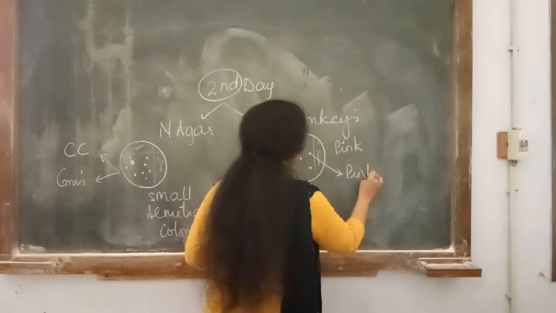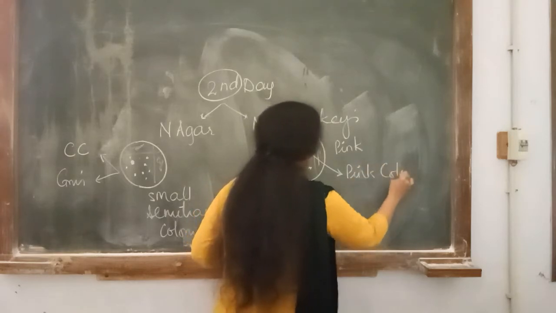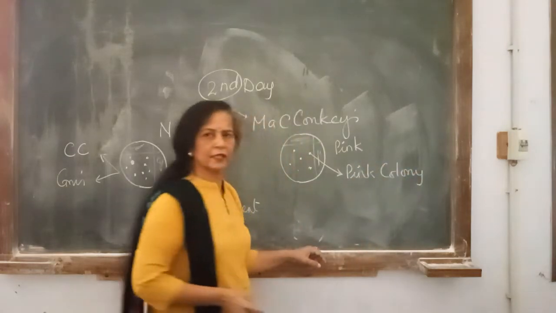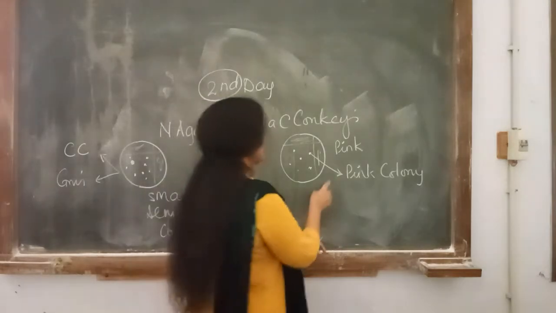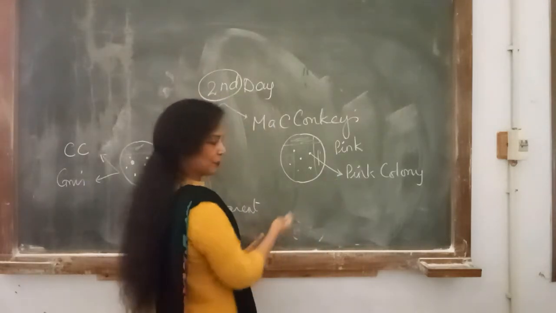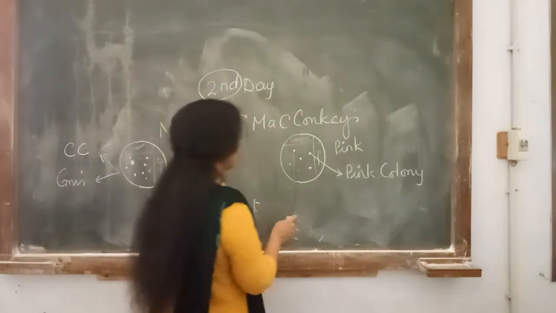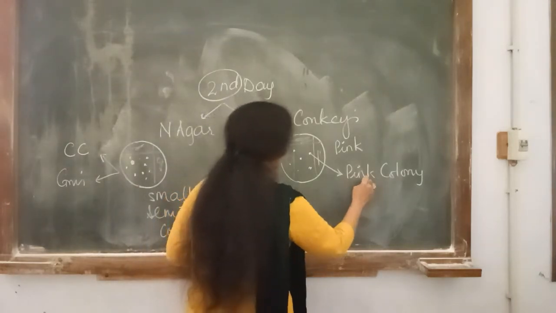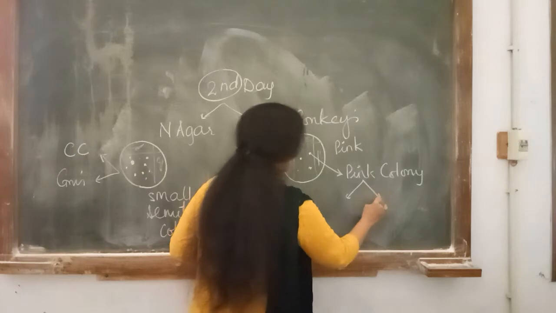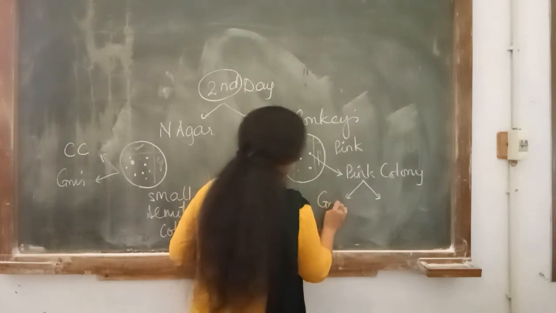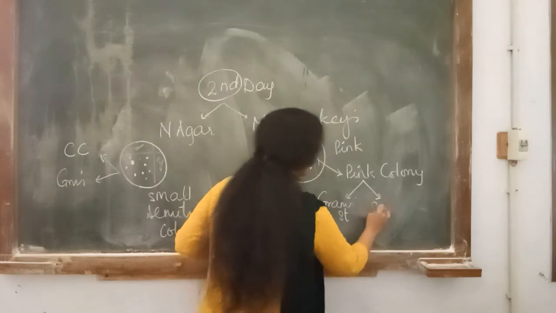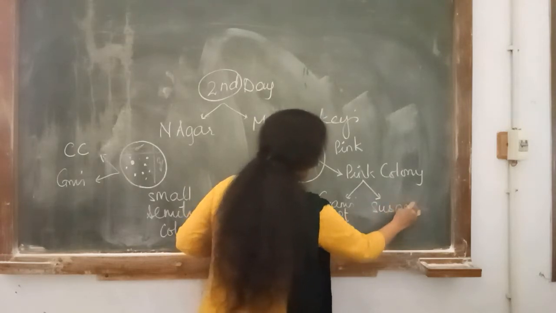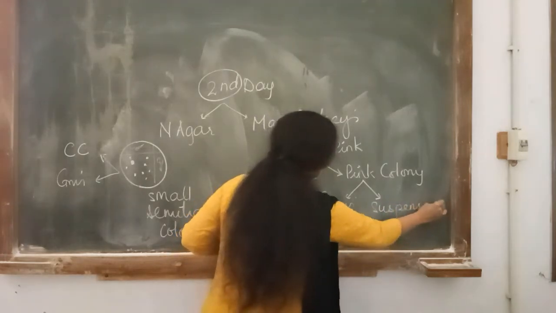So pink colony will be selected. Why? Because we are interested in coliforms which are lactose fermenters. Okay. So here we have selected pink colony, and after that we will go for two things from this colony. Okay. We will carry out the gram staining and we will make a suspension of this colony.